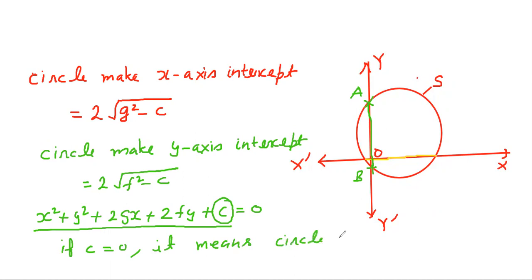If the circle passes through the origin, it means the value of c will be 0.